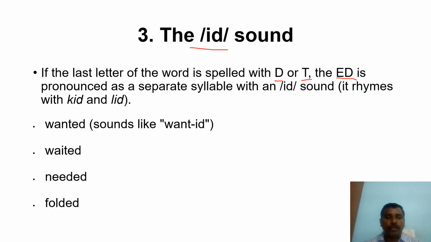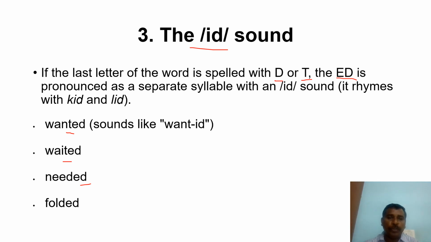For example, want, wanted, wait, waited, need, needed, fold, folded. Here we need not worry about whether it is voiced or voiceless. The simple rule is, when the base word ends with the spelling T or D, the ED should be pronounced as id.